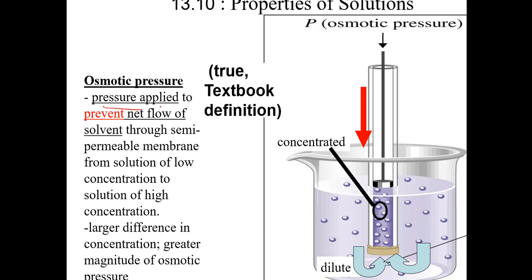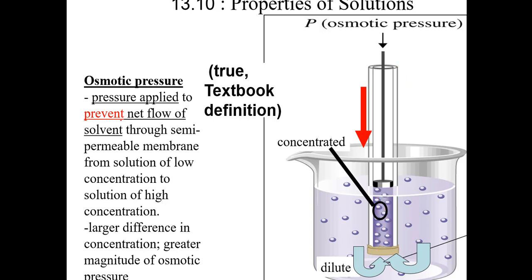It's the pressure applied as we push down using our instrument to prevent the net flow of solvent, that's the water molecules, through this semi-permeable membrane from solution of low concentration to solution of high concentration. So we put pressure and we measure that pressure just enough so that it stops the inflow from the water molecules that want to try to surround the solute particles.